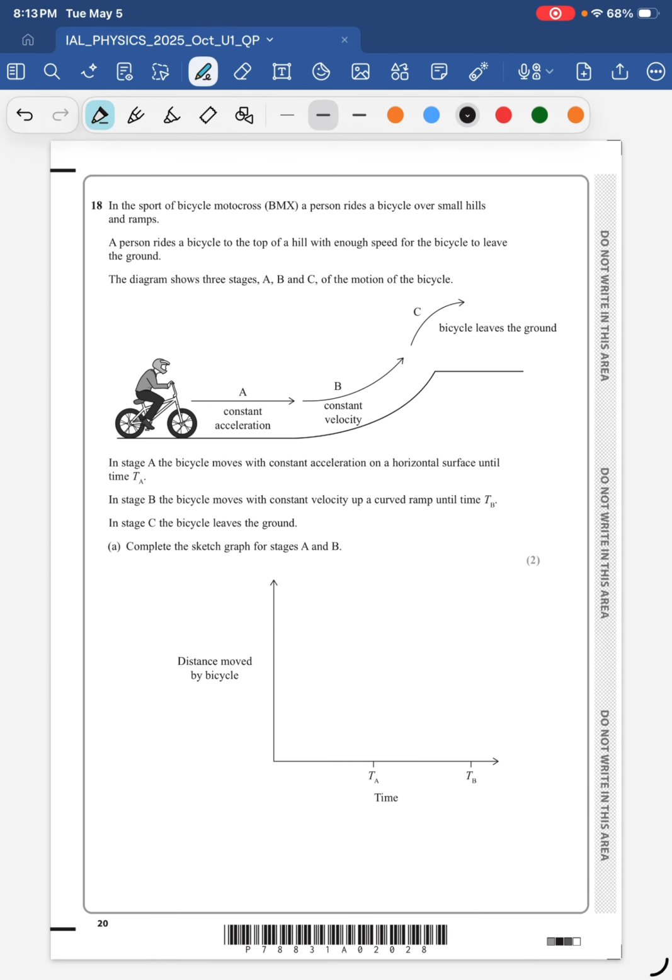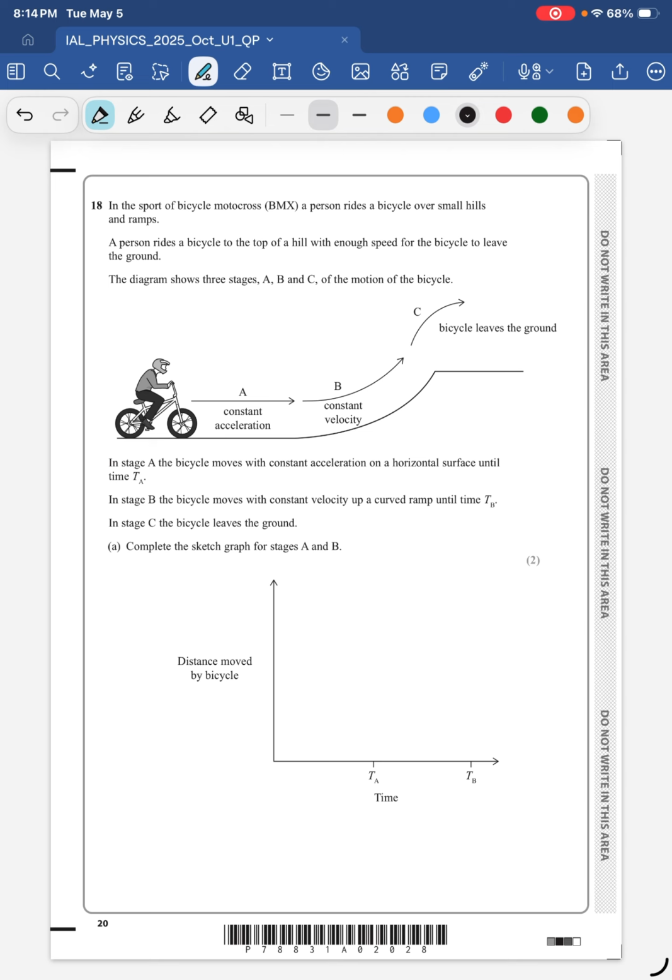Okay, so 18. In the sport of bicycle motocross, BMX, a person rides a bicycle over small hills and ramps. A person rides a bicycle to the top of a hill with enough speed for the bicycle to leave the ground. The diagram shows 3 stages A, B, and C of the motion of the bicycle.